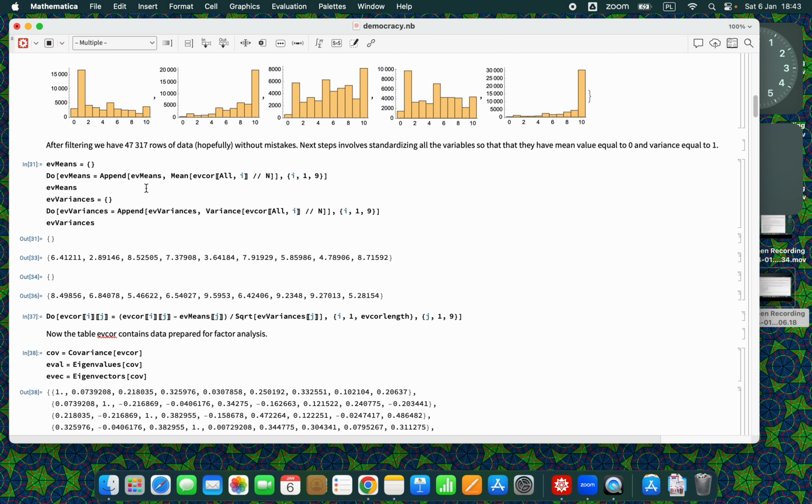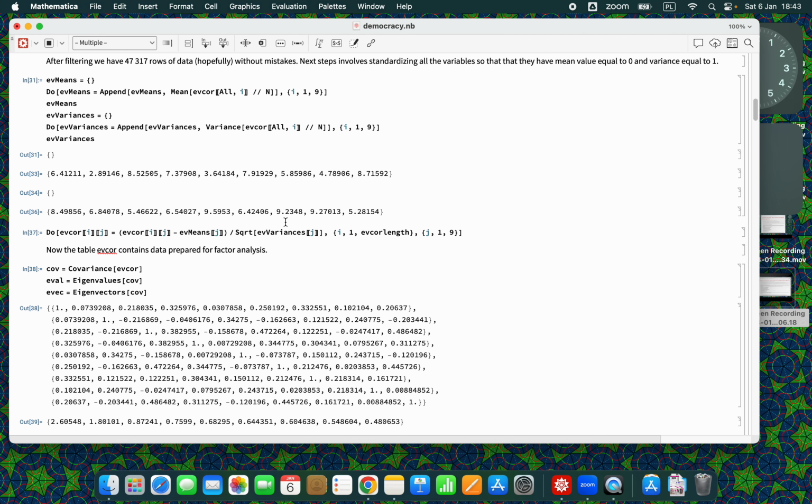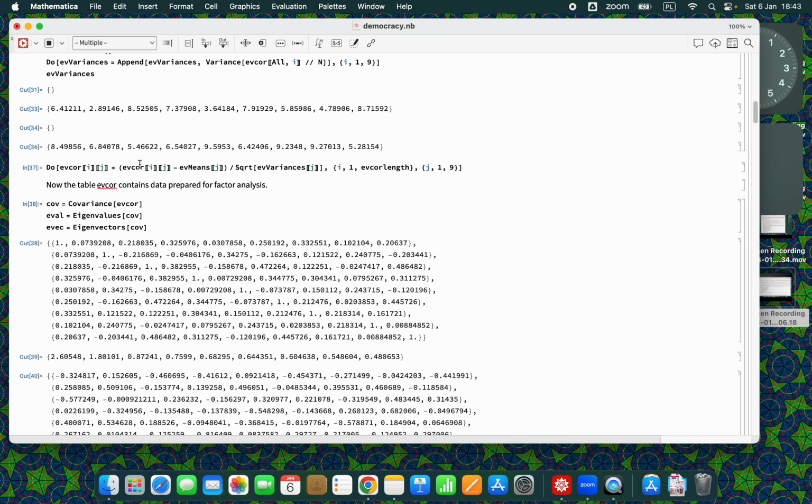Next step is, because factor analysis is done on standardized data, so this is what we do. We calculate means for all the 9 variables, we calculate variances for all the 9 variables, and finally we standardize our data.